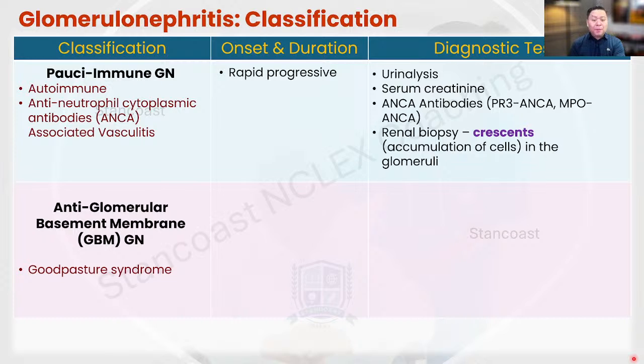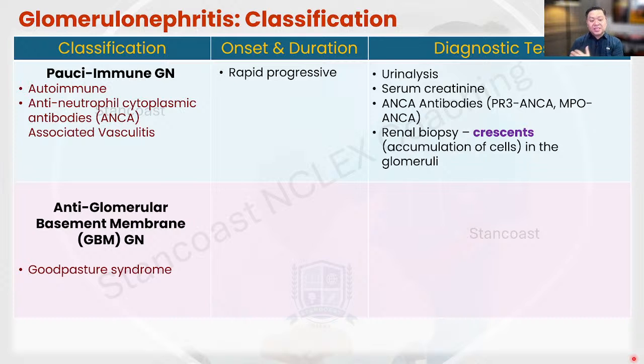And in the Goodpasture syndrome, the immune system will make antibodies that mistakenly target the basement membrane. Instead of attacking the source, it will now attack the third or the middle layer of the glomerulus. And so it will cause damage to the kidney. And what do you expect?